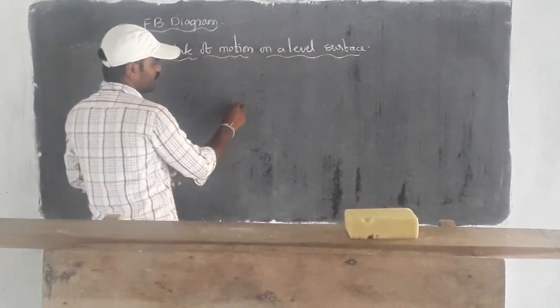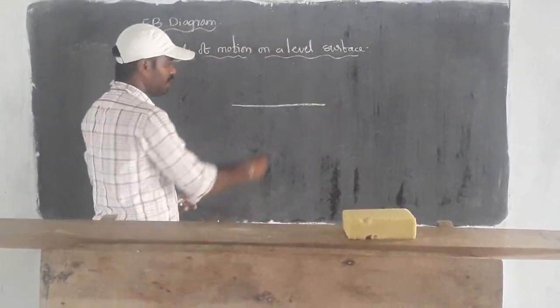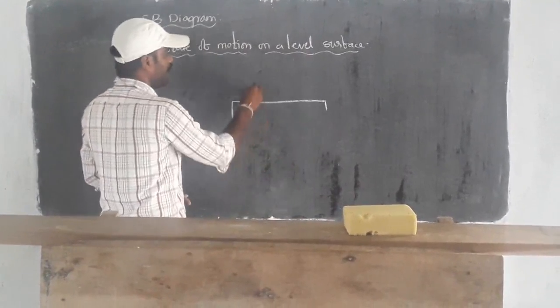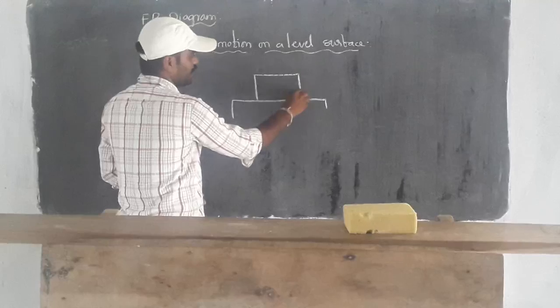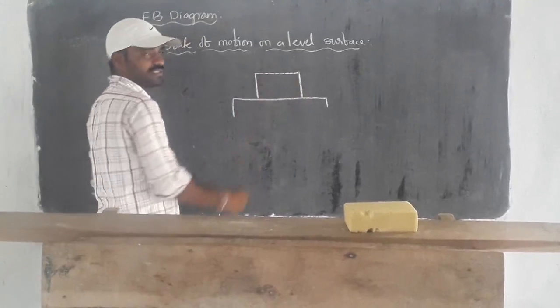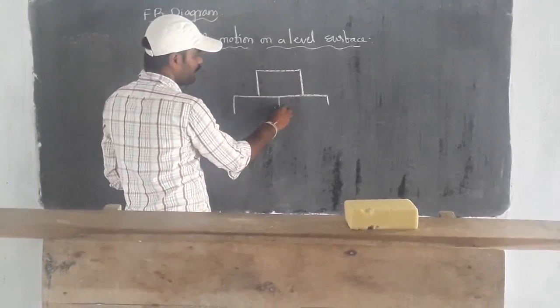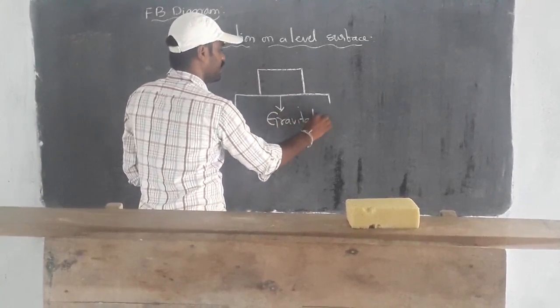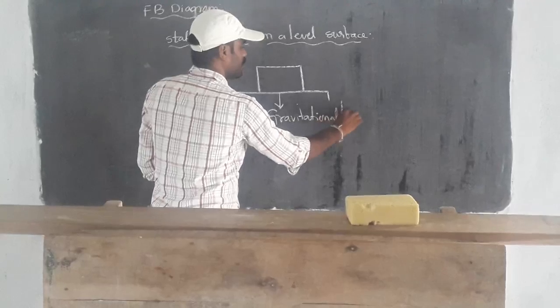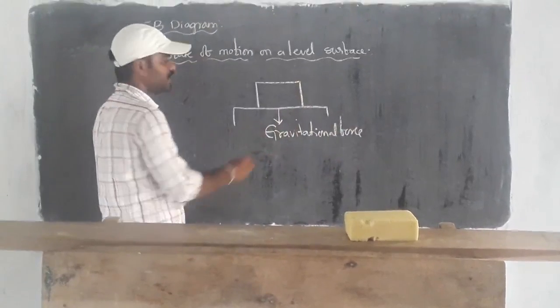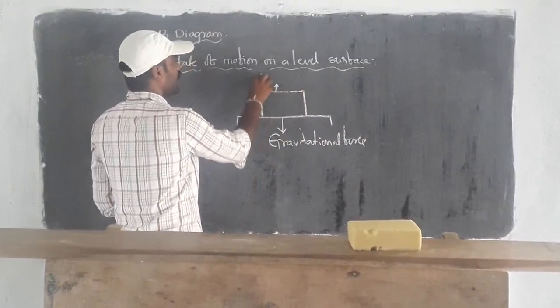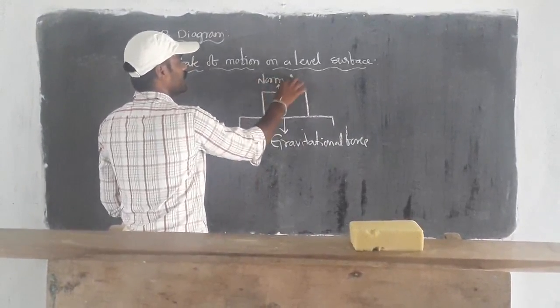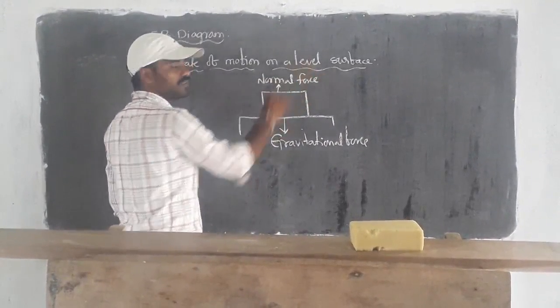For that, this is the level surface, right? And on that we selected the object. So the object is present. Then same as previous, there is gravitational force in the downward direction. In the upward direction, normal force.